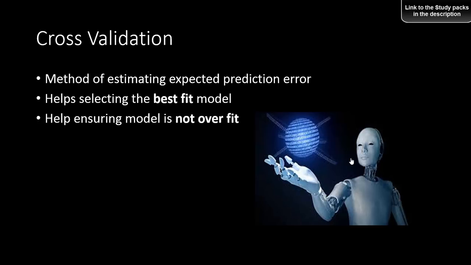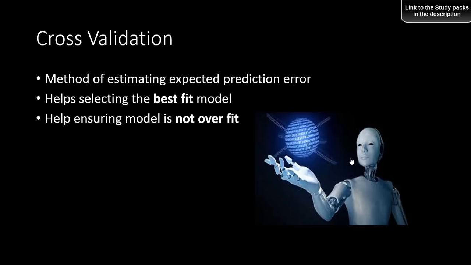So what is a cross-validation? If you are familiar with building statistical models or machine learning models, you must already be knowing what cross-validation is. Just to give you a brief recap, you want to validate that your model is going to work perfectly in future or not.